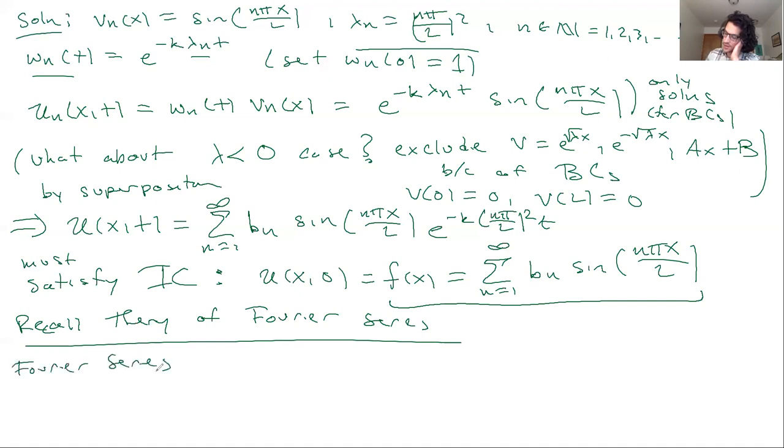The theory of Fourier series says that for any continuous function, or actually even any piecewise continuous function that is either defined on a bounded domain or defined on an unbounded domain and periodic, I can construct a Fourier series approximation to that function that will be exact if that function is, say, C2, and if it's piecewise continuous, it'll be L2 accurate, essentially the integral of the difference squared of those functions will be vanishing.